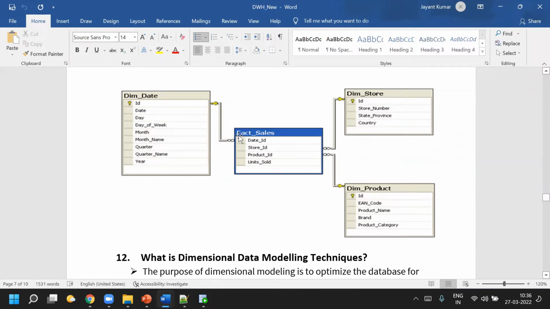Fact tables are stored in this naming convention: fact underscore, and you can add anything, like fact underscore year, fact underscore total sales, or fact underscore credit application. But it will have all its data from all these places. It will not have its own data. It will get data from all these places.